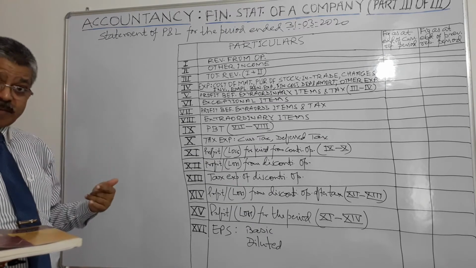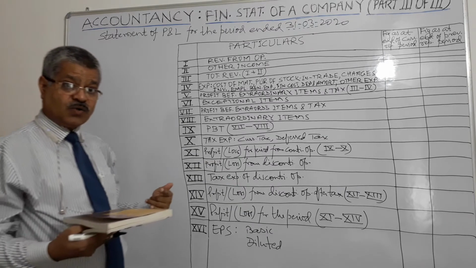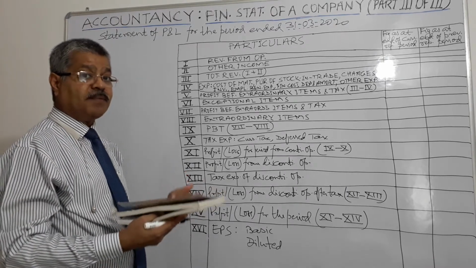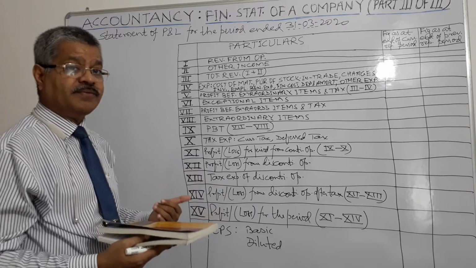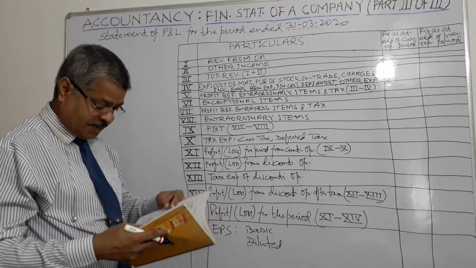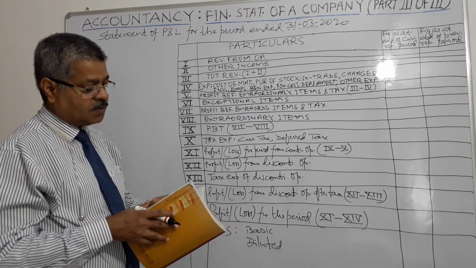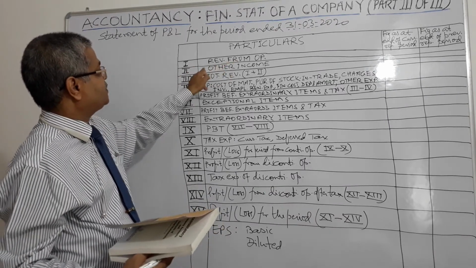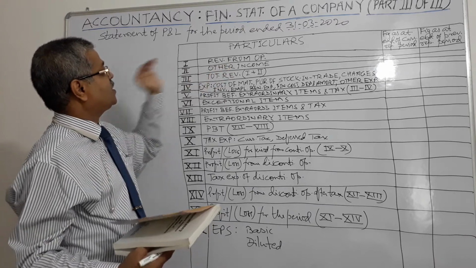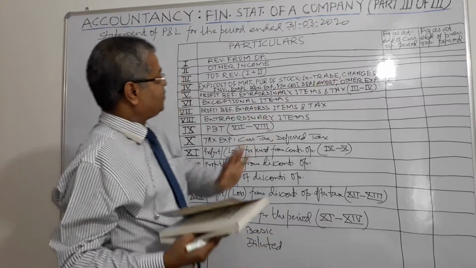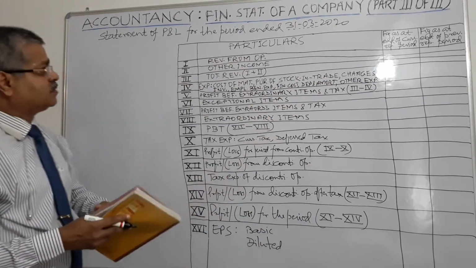All other income that arises out of those activities which are not my main operating activities will come under other income, right? And the total of 1 and 2, revenue from operations and other income, will come under total revenue 1 plus 2, right? Current year, previous year, for comparison.